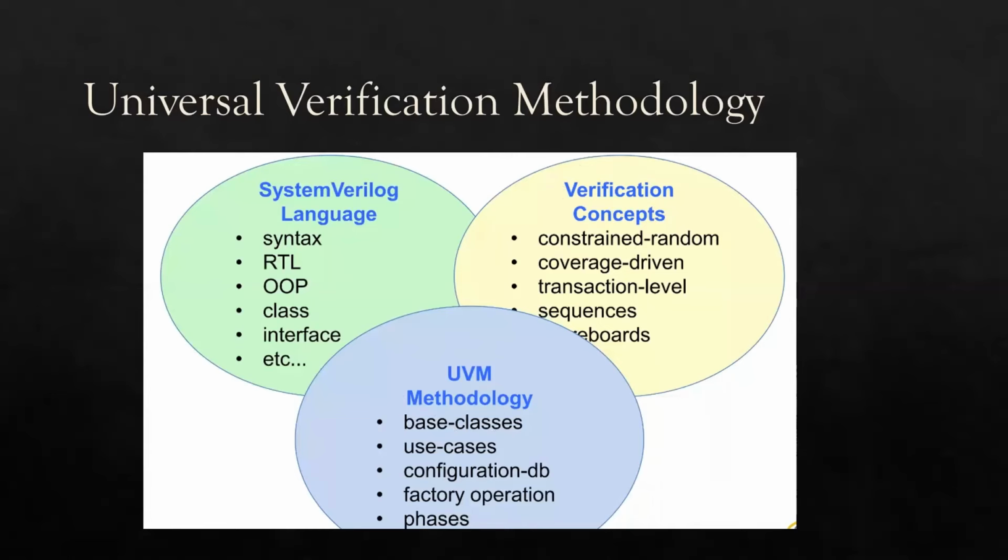Phases is one concept in UVM. It helps a lot during compilation and during writing any test bench. So universal verification methodology is the combination of SystemVerilog language, SystemVerilog concepts, and its own new concepts.